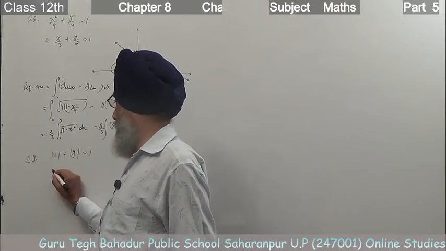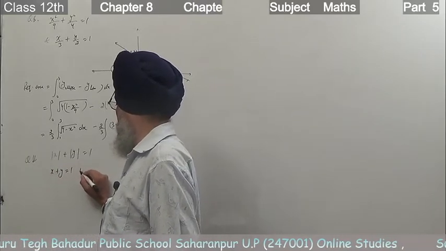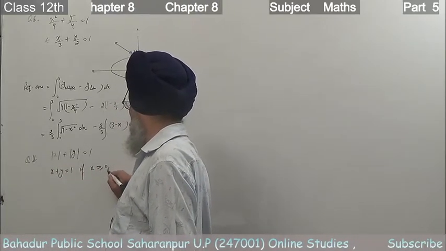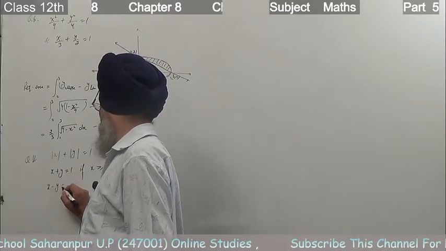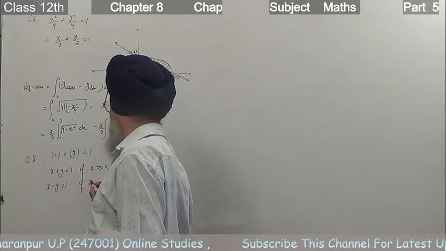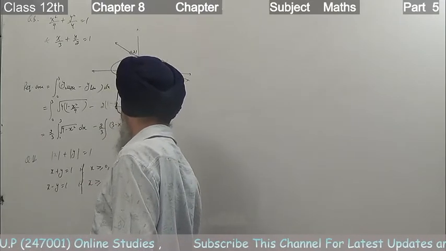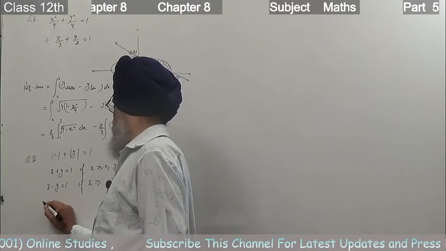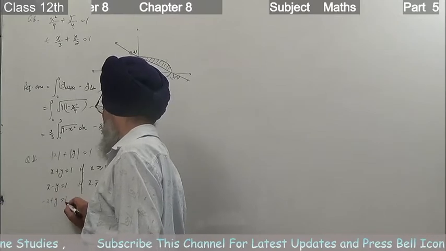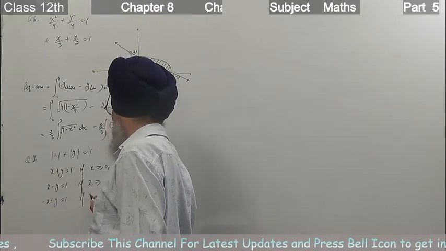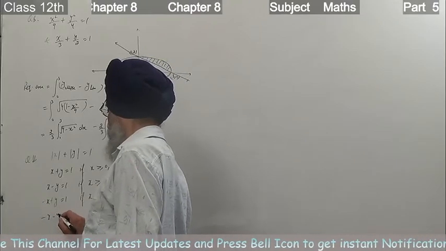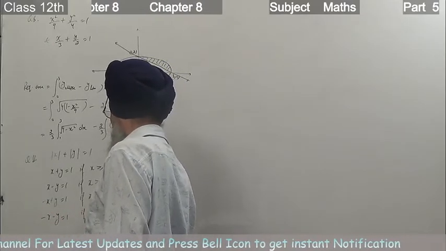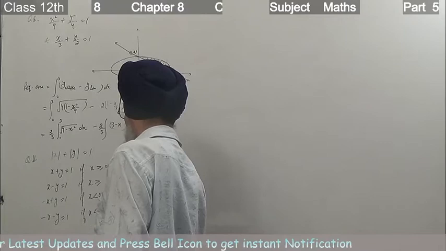So you can write x plus y is equal to 1 if x is greater than 0 and y is greater than 0. x minus y is equal to 1 if x is greater than 0 but y is less than 0. Then minus x plus y is equal to 1 if x is less than 0 and y is greater than or equal to 0. And if both are negative, x is less than 0, y is less than 0.